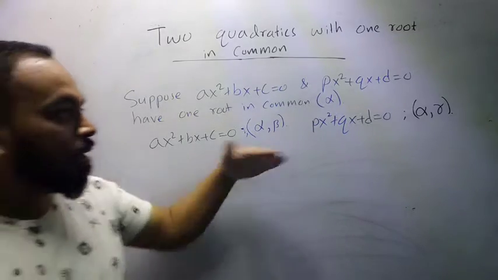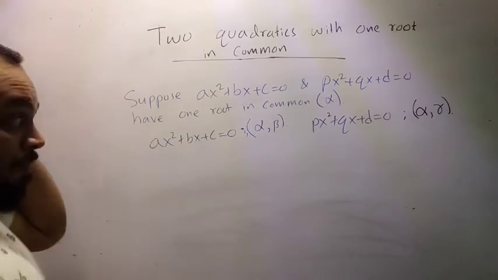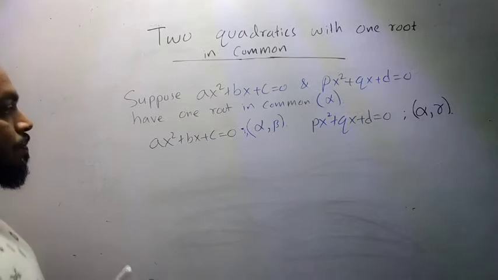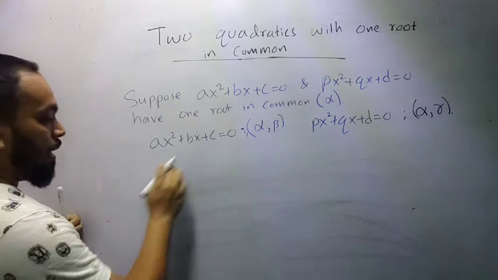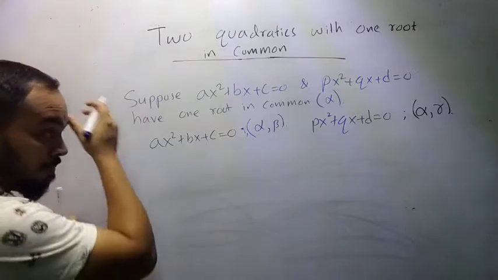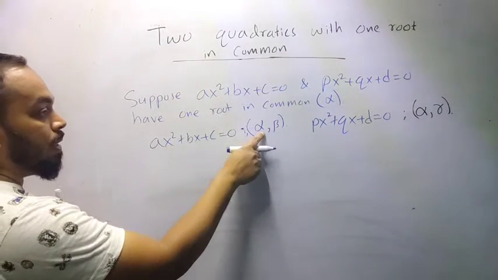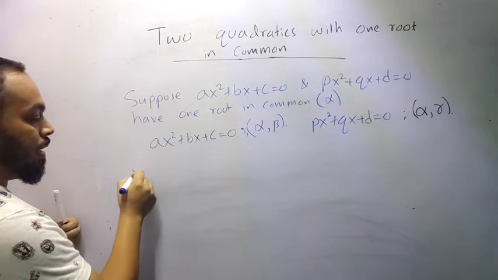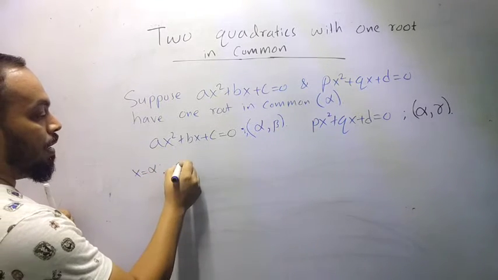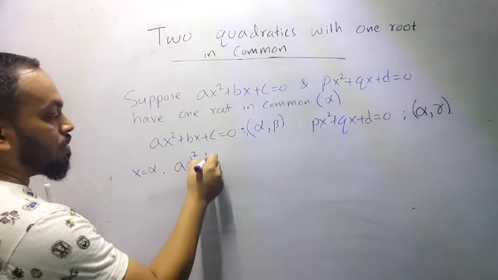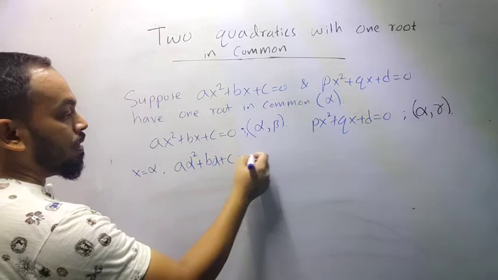Okay, so we're going to build up on this one. So if alpha is the common root, then we can have two equations here. I can substitute x by alpha. So when x is equal to alpha, I get a alpha squared plus b alpha plus c equals 0.